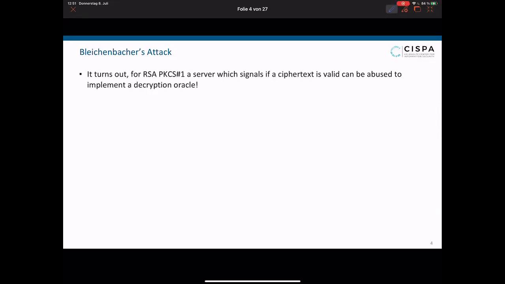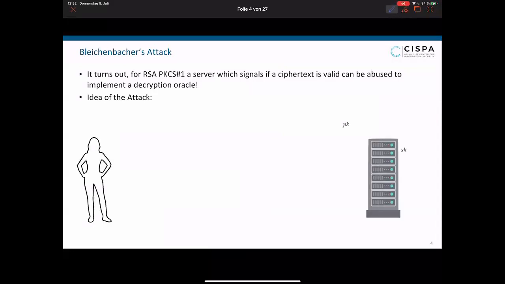It turns out that in RSA PKCS1, a server which signals if a ciphertext is valid or not can be abused to implement a full-blown decryption oracle. A server which tells you this was a valid ciphertext or this was an invalid ciphertext, this tiny little bit of information, can be used over several queries to reveal the entire message encrypted in some ciphertext.